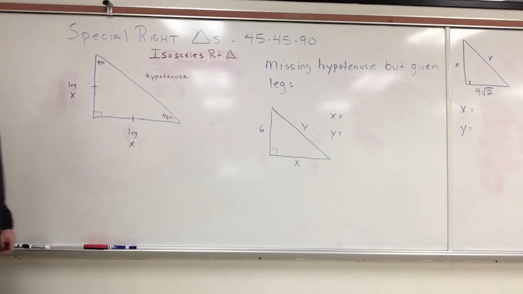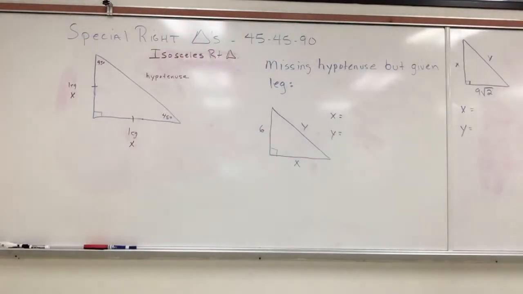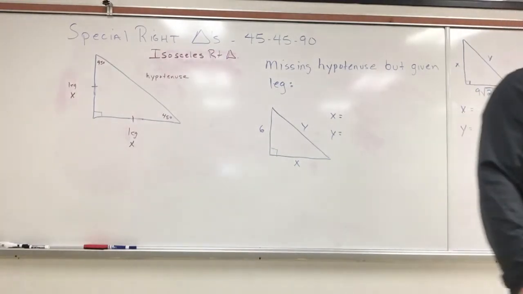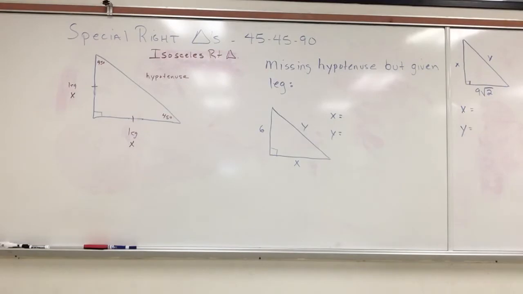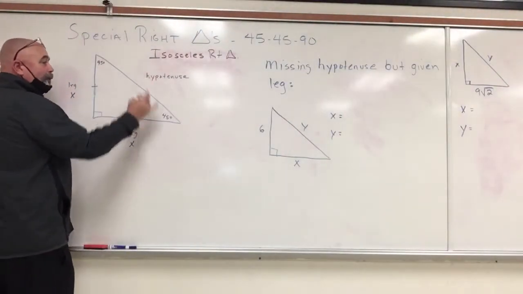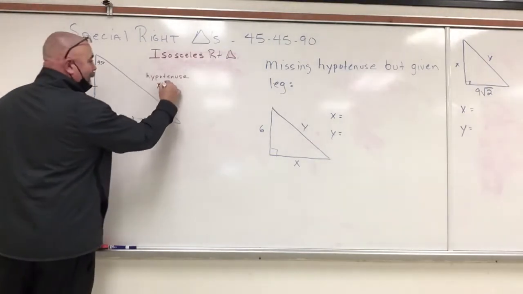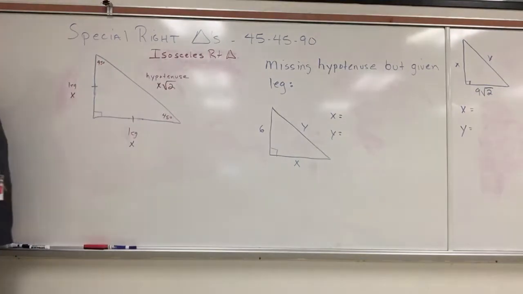Now, there is a rule when you talk about a 45, 45, 90, and that rule is this. Your hypotenuse is square root of 2 times your side. So this side right here, the hypotenuse, is going to be the leg times the square root of 2.